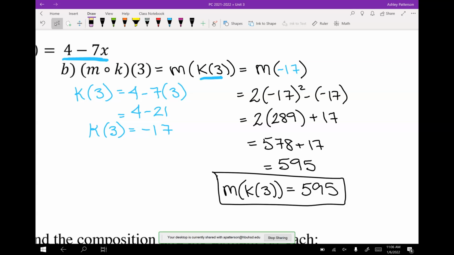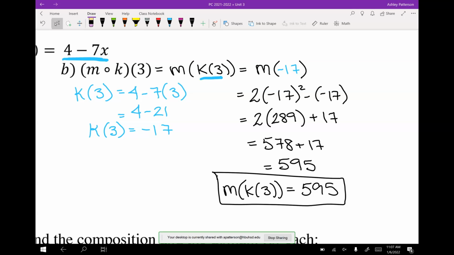So the output of the first function then became the input for the second function. Is that a valid statement? Yeah. The output for the first function then became the input for the second function.